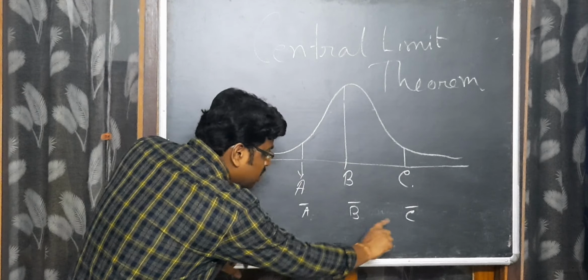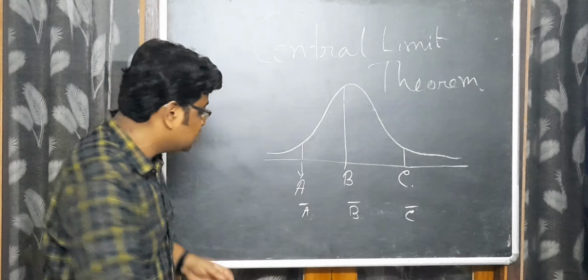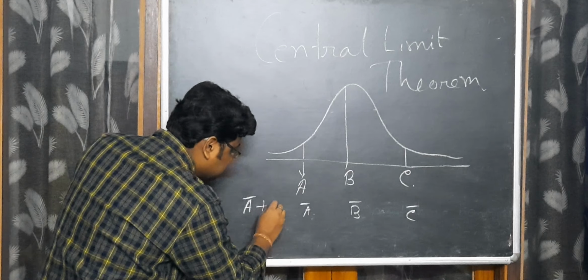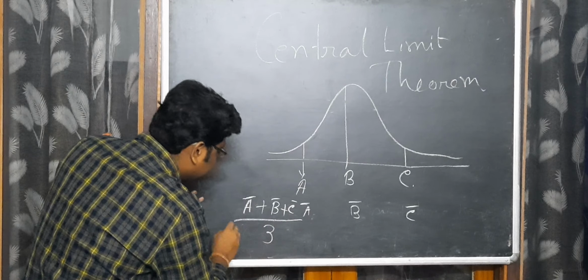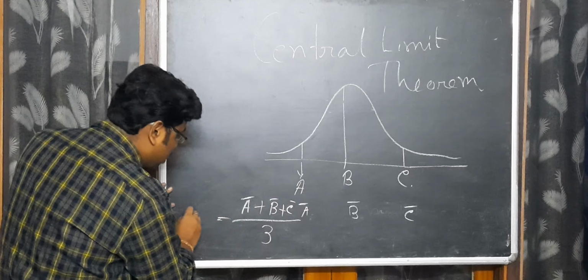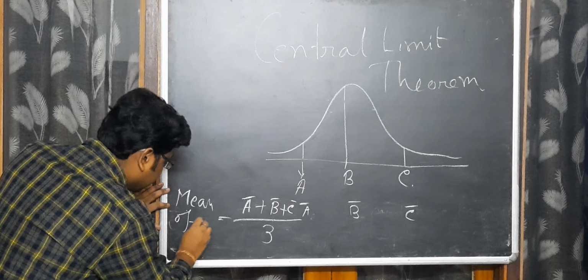Now, if you take the mean of these 3 means, that is, mean of A plus mean of B plus mean of C divided by 3, then this is the mean of sample means.